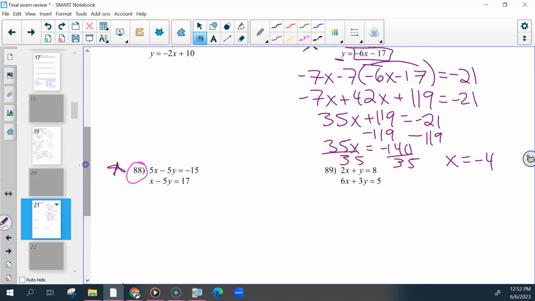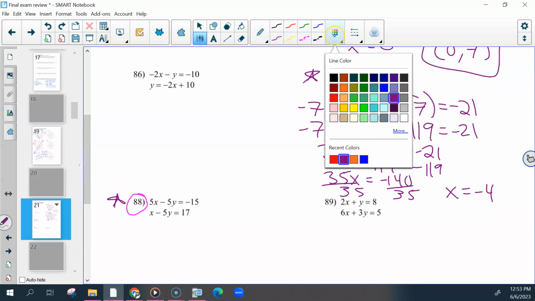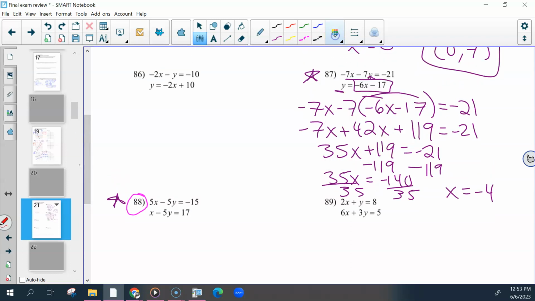We found x, but now we have to go back and find y. So we're going to take that number we found and put that into the equation that we were given where x is.